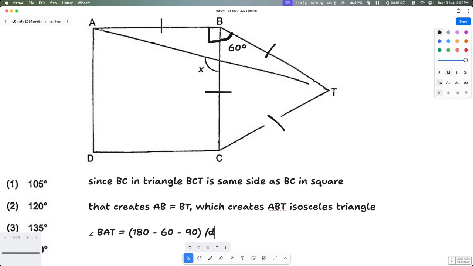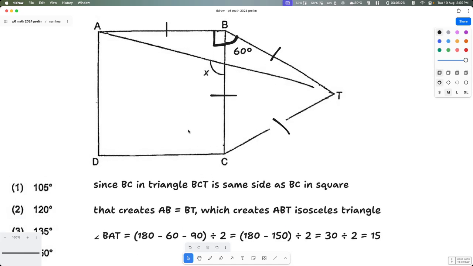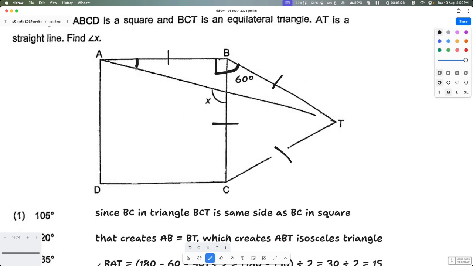Okay, which is equal to, I'm just going to make this a bit long form, 30 divided by 2, which is equal to 15. So BAT is 15 degrees, right? So this is 15 degrees over here.